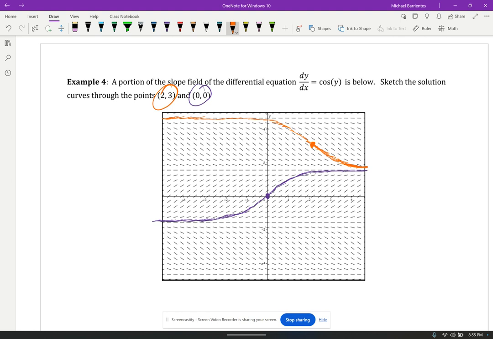So what we're really doing is we're solving this derivative, which by the way is in terms of y, not in terms of x. So we're solving this derivative, we're finding the original function, and we're doing it graphically using slope fields. So slope fields allow us to create an estimate of the graphical solution of a differential equation.